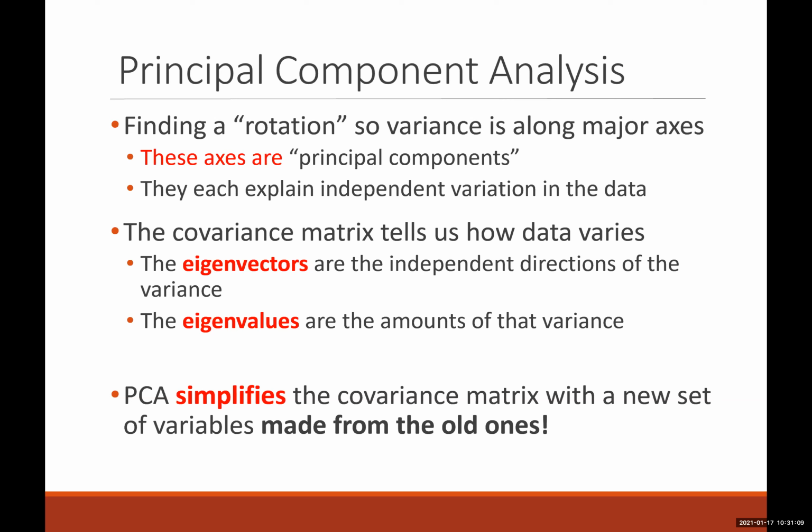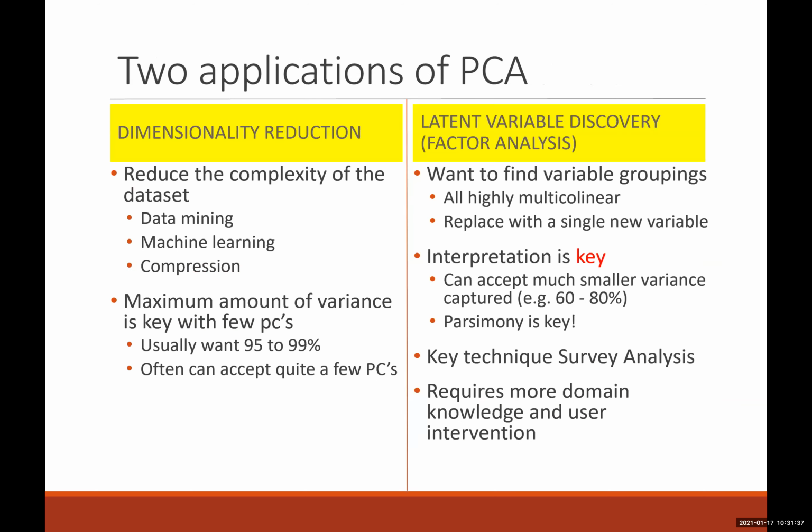And then once we know lambda equals 2, we can back into solving for the eigenvectors, which give us the independent directions. So eigenvectors tell us where to go, and the eigenvalues are the magnitude of that. And as I iterated before, PCA simplifies this covariance matrix into smaller grouping sets of variables that are easier to understand than the older ones that have multicollinearity and overfitting.